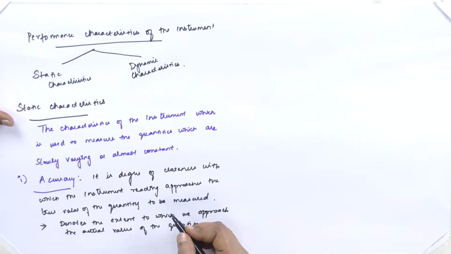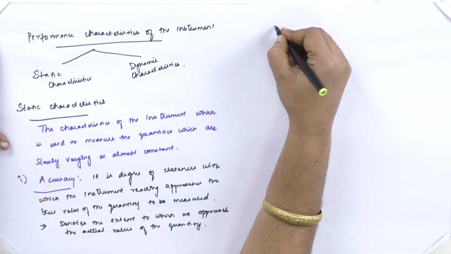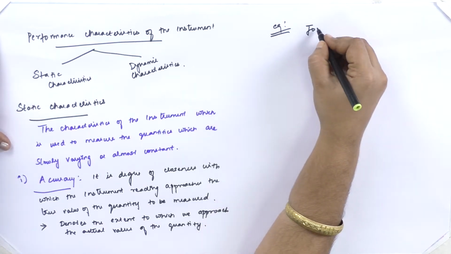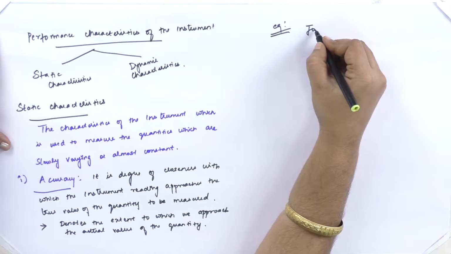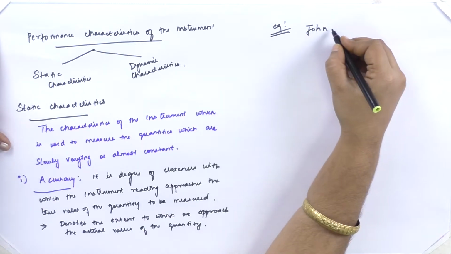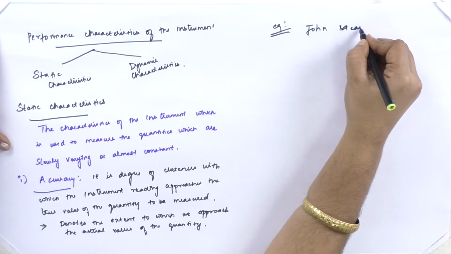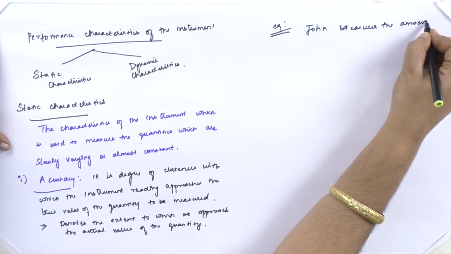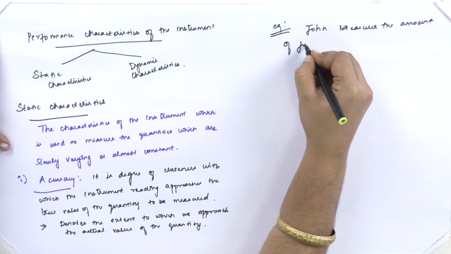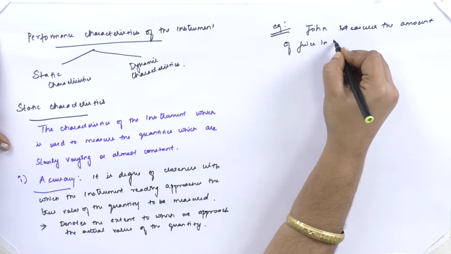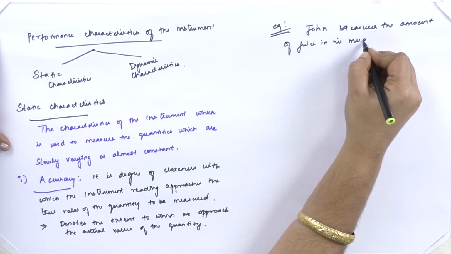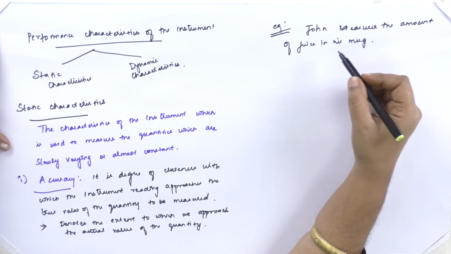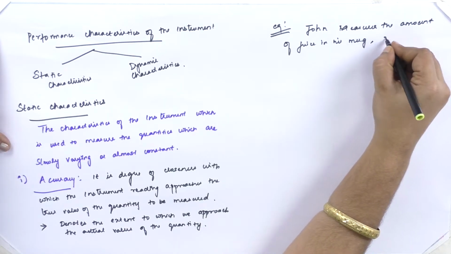Let us see the example for accuracy. We are taking readings taken by a person called John. He measures the amount of juice in his mug 3 times.